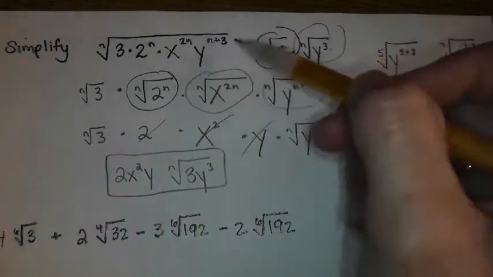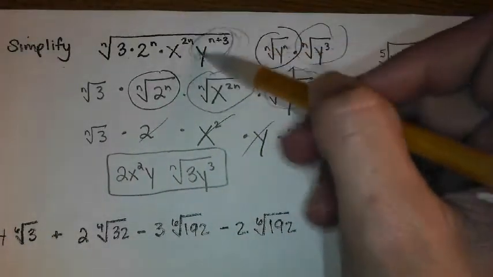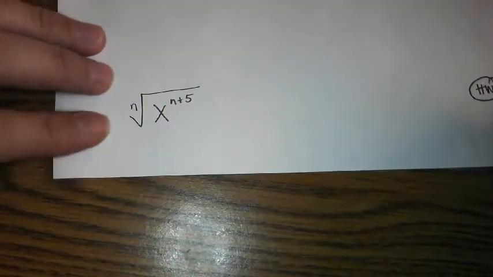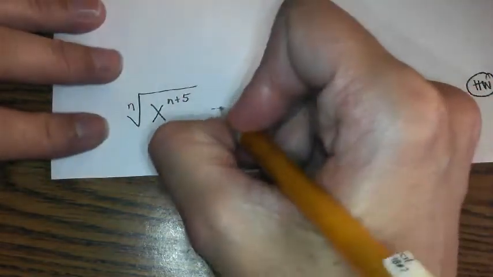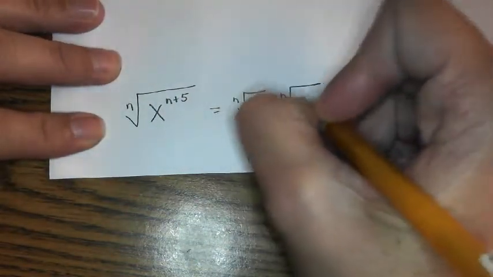So I think this part's the most challenging part to wrap your head around, right? Wouldn't you say? What if I gave you this? The nth root of x to the n plus 5. Isn't that the same thing as the nth root of x times the nth root of x to the 5th?